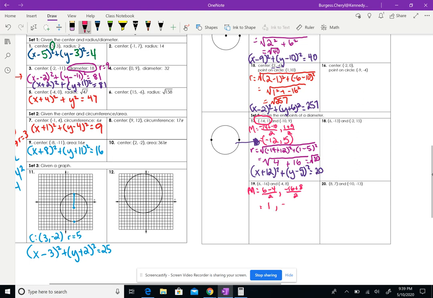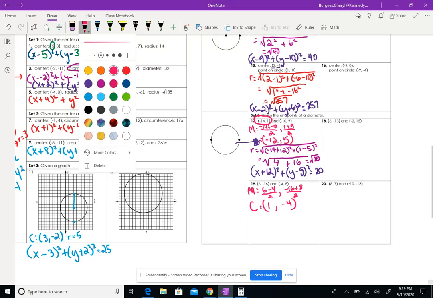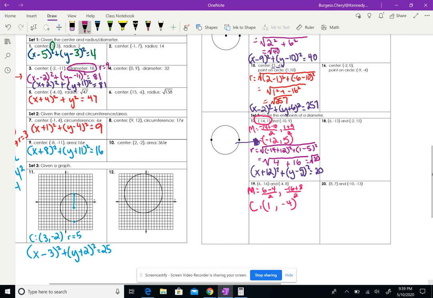And negative 8 divided by 2 is negative 4. So this is my center. I'll put in coordinates. Maybe I won't forget it next time. Okay. And which coordinate should we pick? This one again.